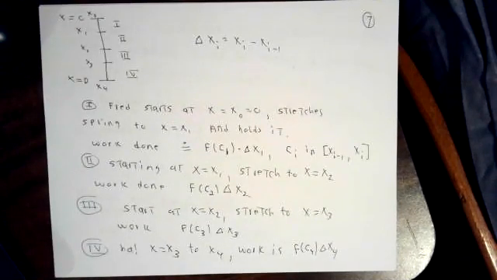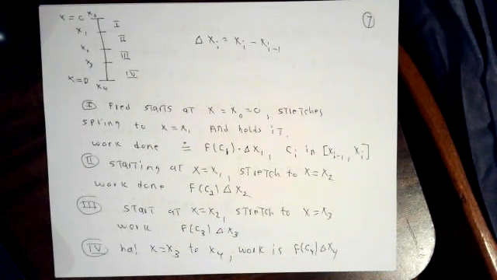Now, to be specific, I'm going to think of having 4 subintervals. In the first subinterval, the x value goes from x0, which is 0 in this case, to x1, whatever that is. I'll call the width of that interval delta x1.